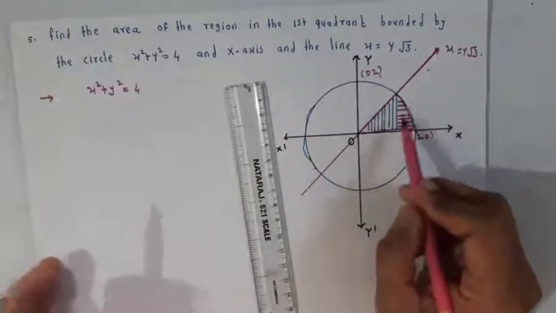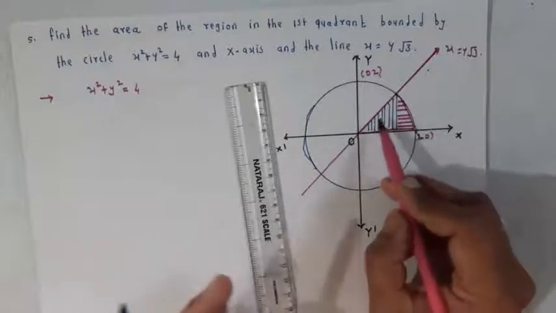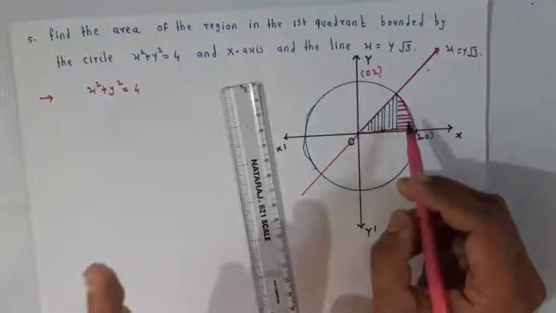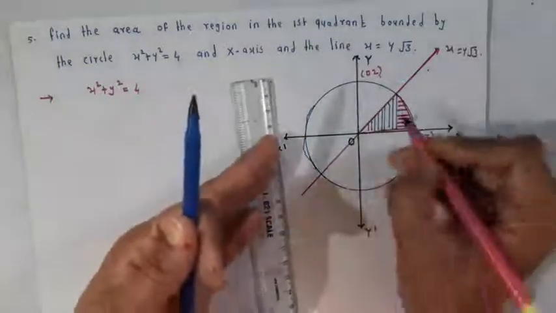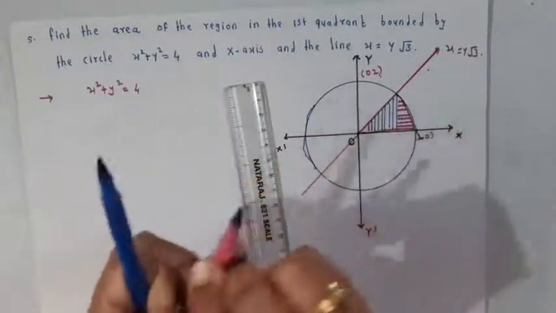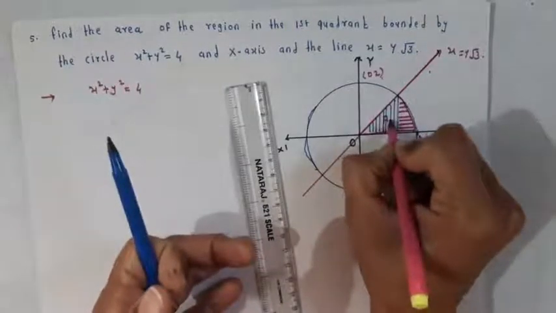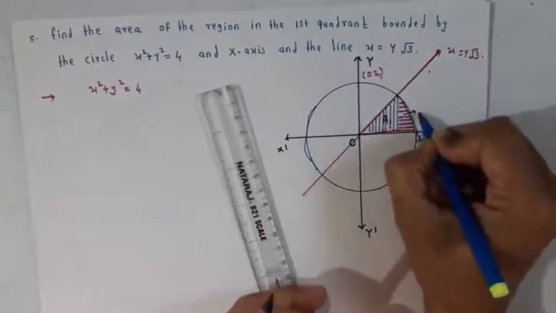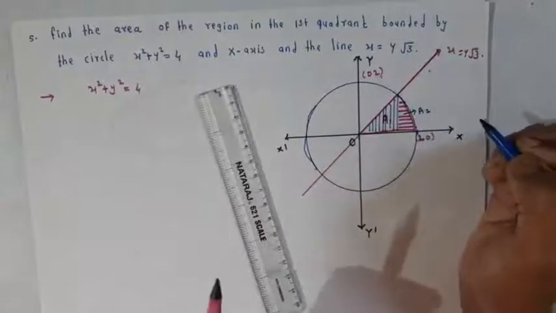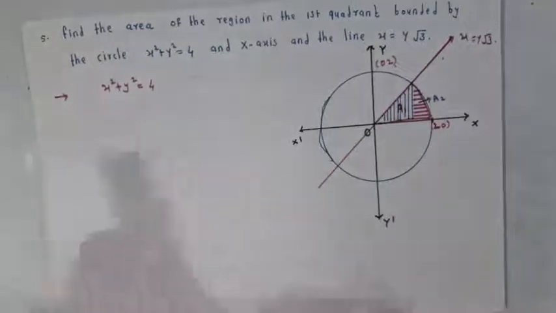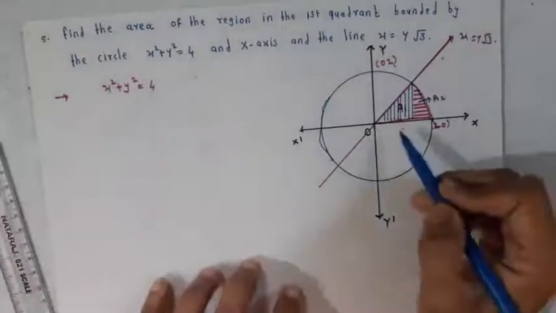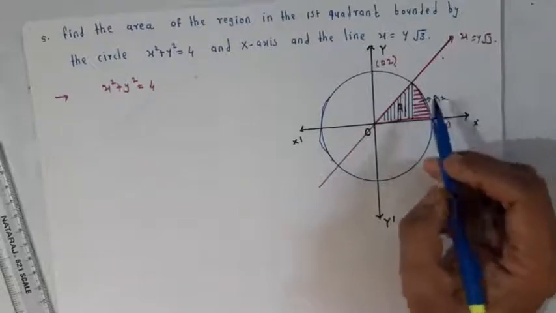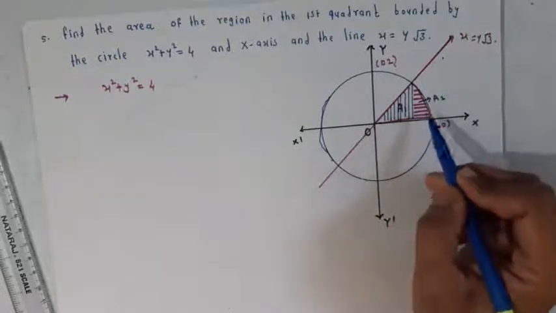Because we can't find out the total area directly at one time. So we divide the area into two regions. This is the area A1, and this is the area A2, which is shaded pink. The total area equals A1 plus A2.